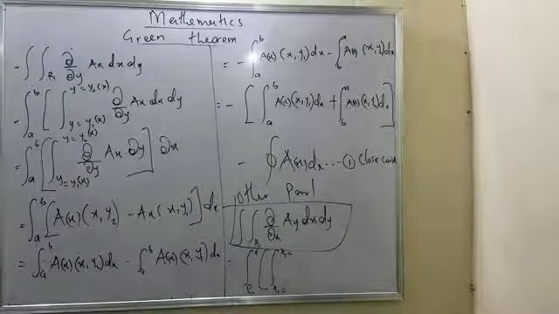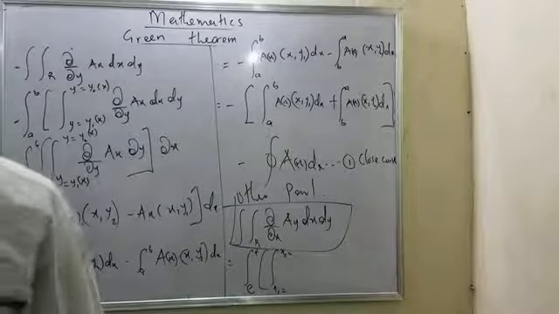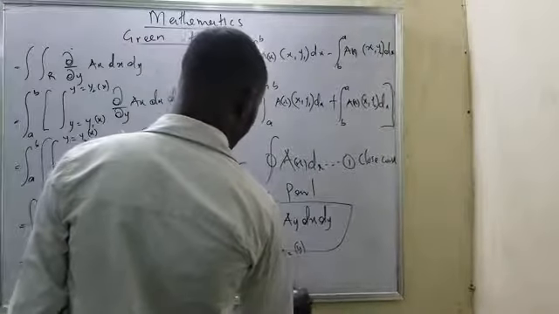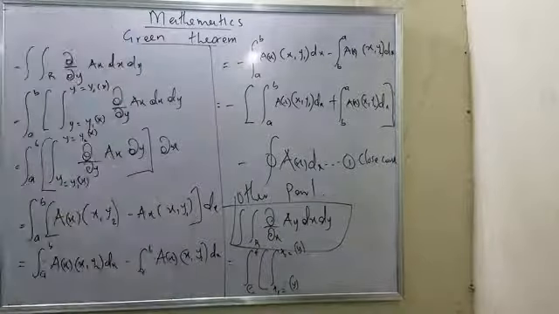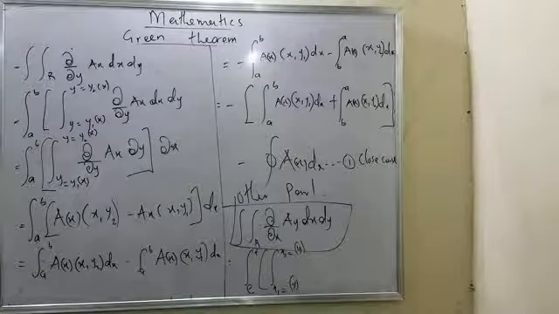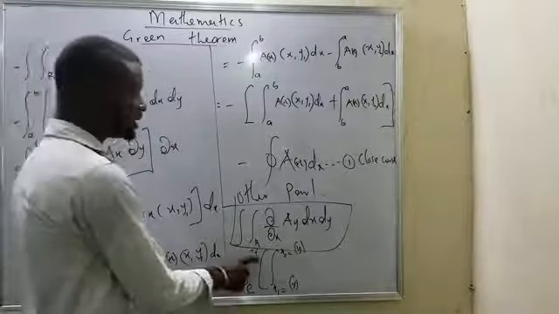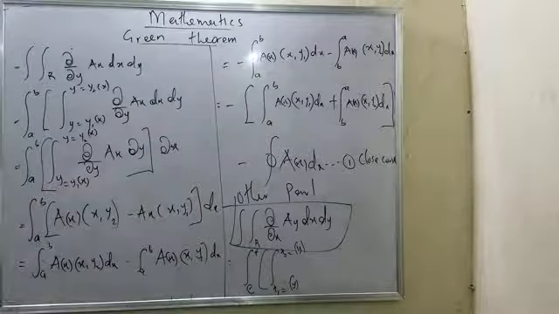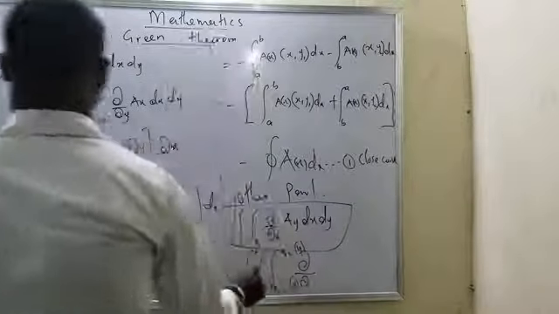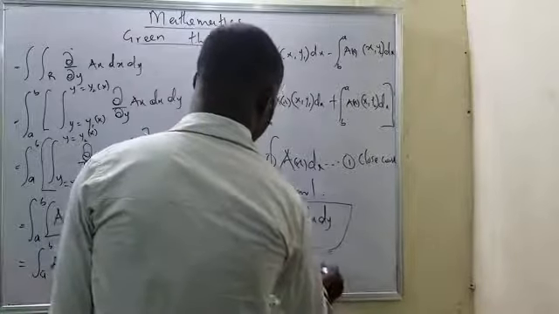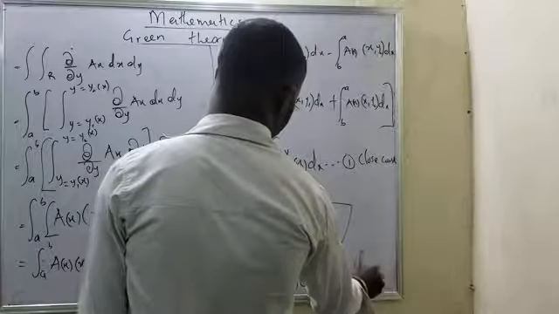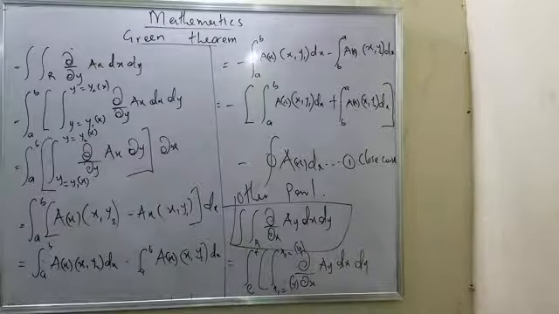Because we are moving on the imaginary part of the Argand diagram of the Cartesian plane, that is why we have e and f. Since we have it this way, we'll be talking about this with respect to x, a of y, and dx, dy.